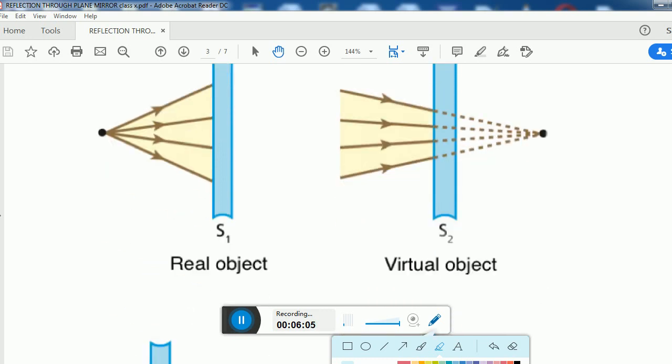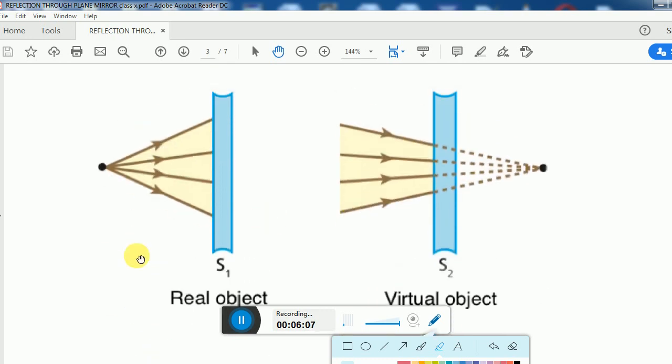See here, the light rays are coming from the object and falling on the mirror. Okay, so this is the real object, and here the light rays are coming from different directions, and as if they are meeting in a particular point, but actually they are not meeting in a particular point.